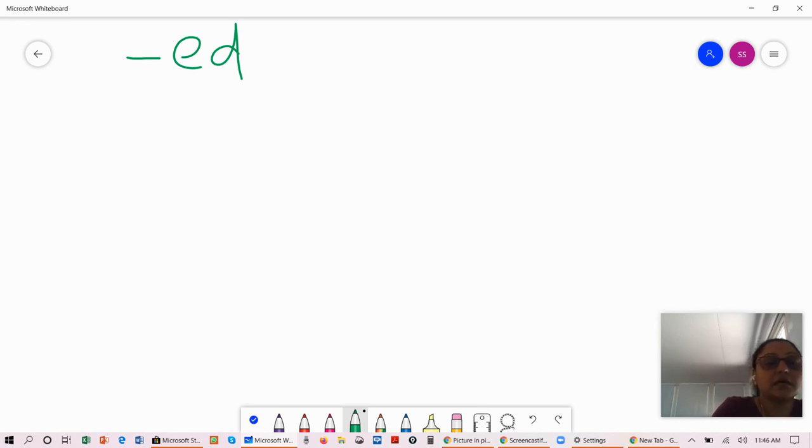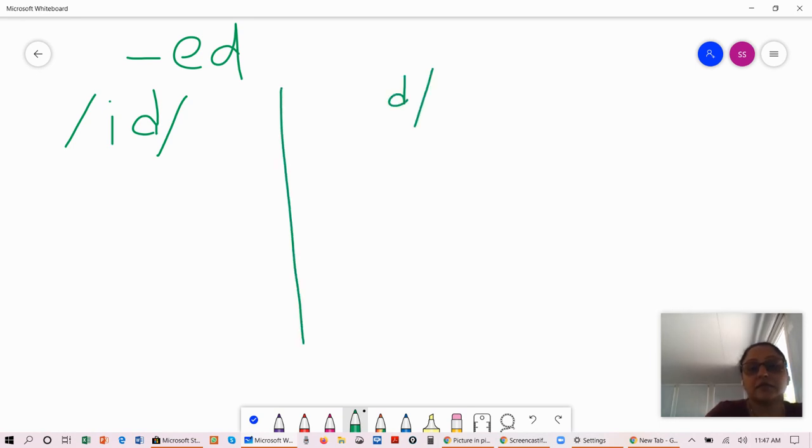Okay, so the three sounds that we use are id, and whenever I have a sound with two forward slashes, that's the sound in between those two forward slashes. It's how we say it phonetically. And then d and t. So these are the three sounds.